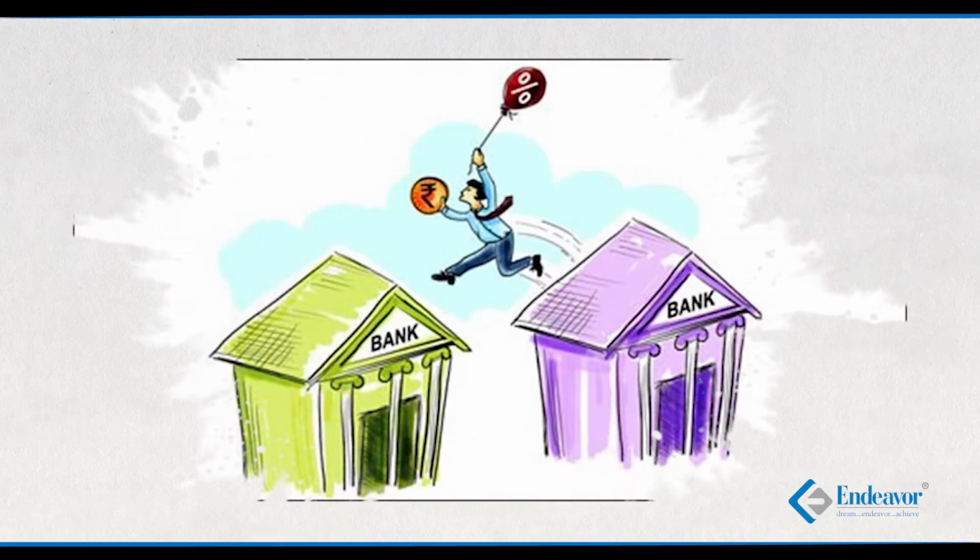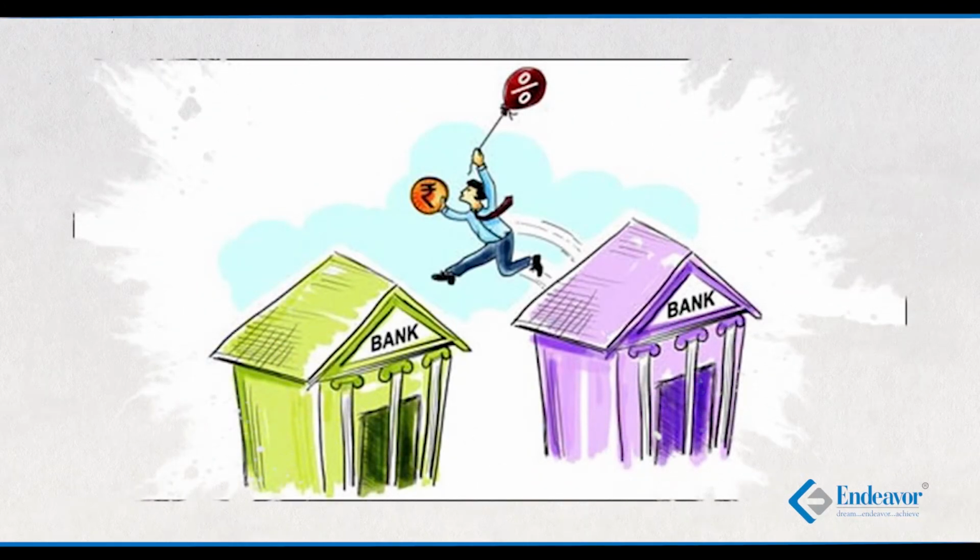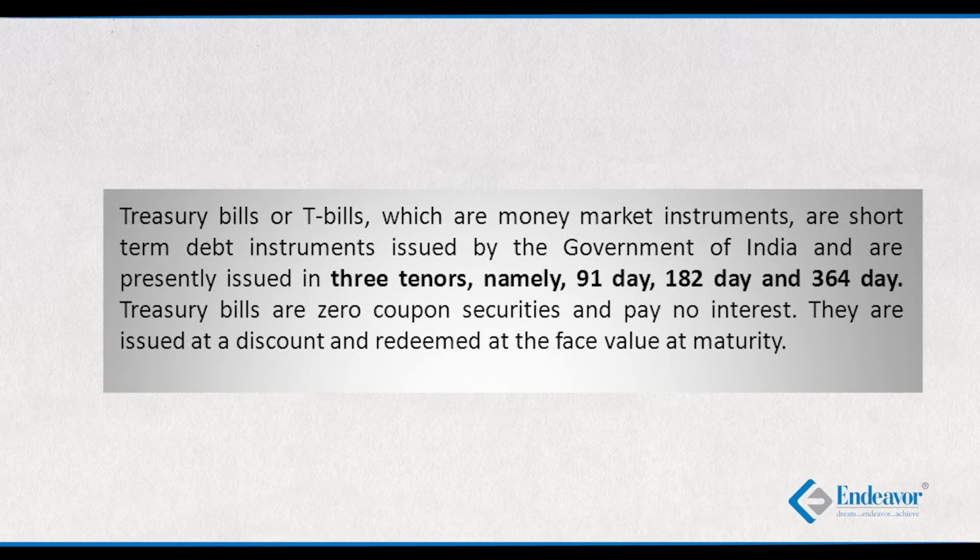So the difference between the issue price and the face value of the treasury bill represents the interest on the investment. These bills are secured instruments and are issued for a period not exceeding 364 days. Banks, financial institutions, corporations normally play major role in the treasury bill market.